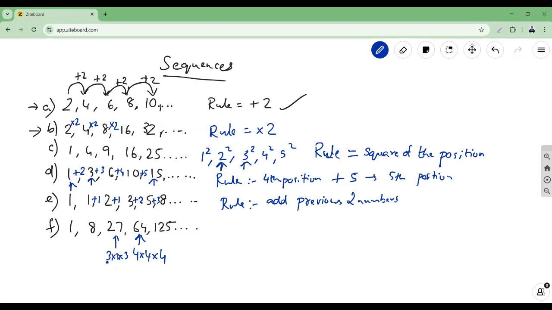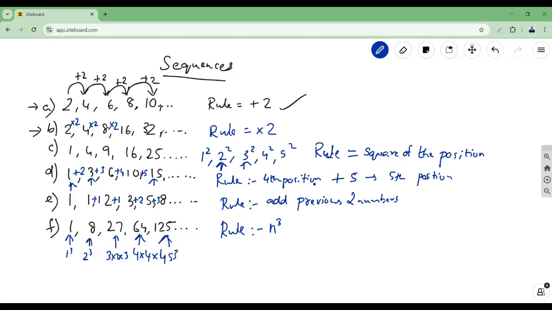Maybe you catch some number and then trace out whether the rule works for you. Oh, then we know the rule is whatever the number position is, cube it. n times n times n. This is the first position, 1 cube. Second position, 2 cube. Wow, good. So here is a 5 cube.